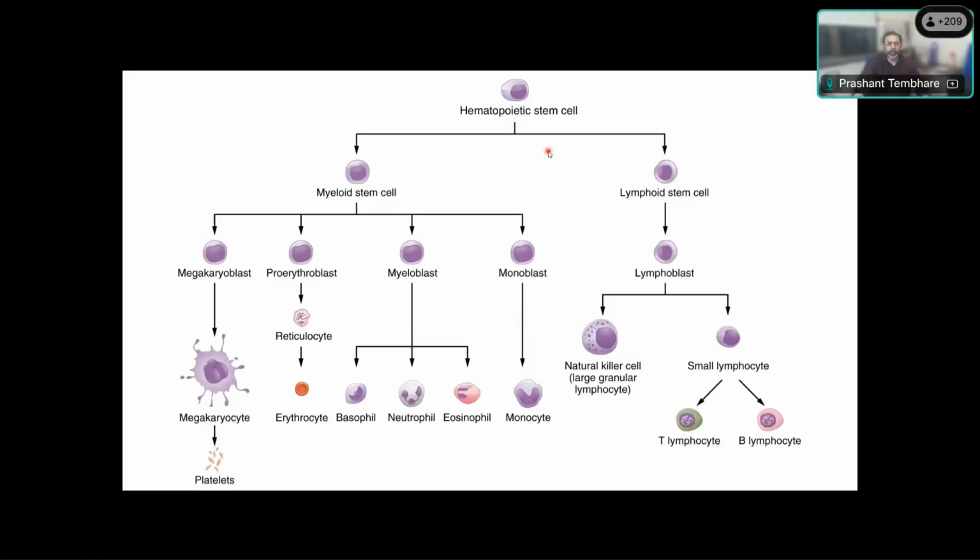Now, in the myeloid series, we usually have these major lineages. Myeloid includes everything basically, but to be specific, we have the granulocytic series, the monocytic series, and the erythroid series.